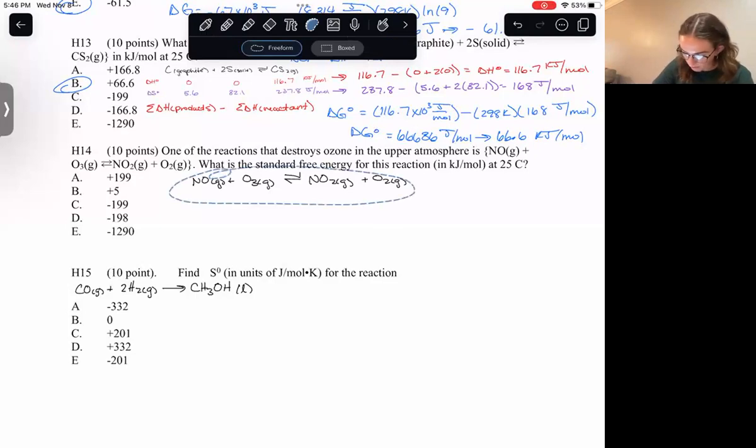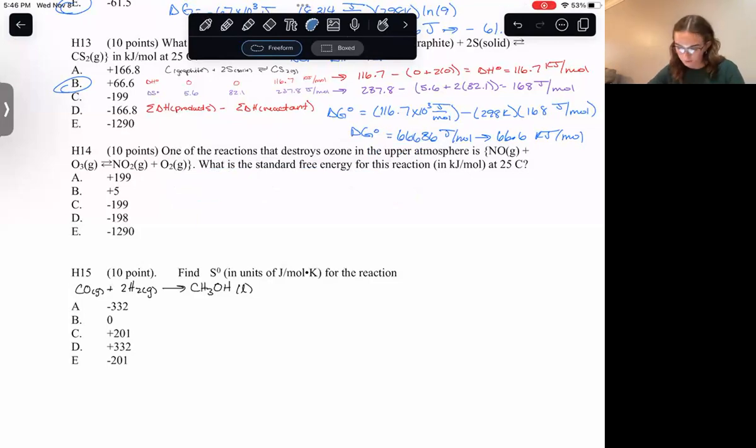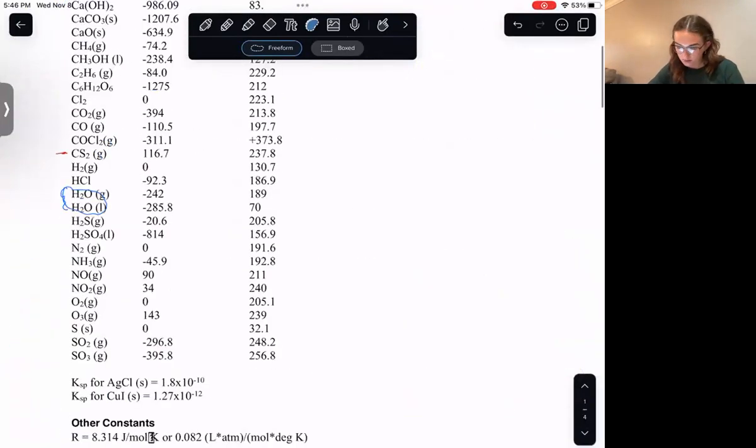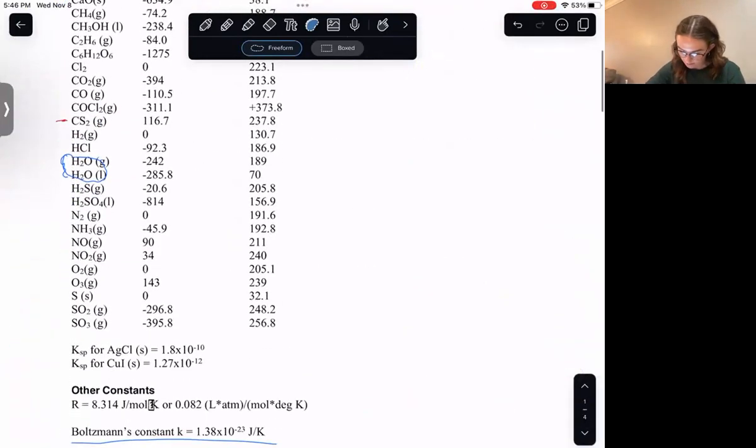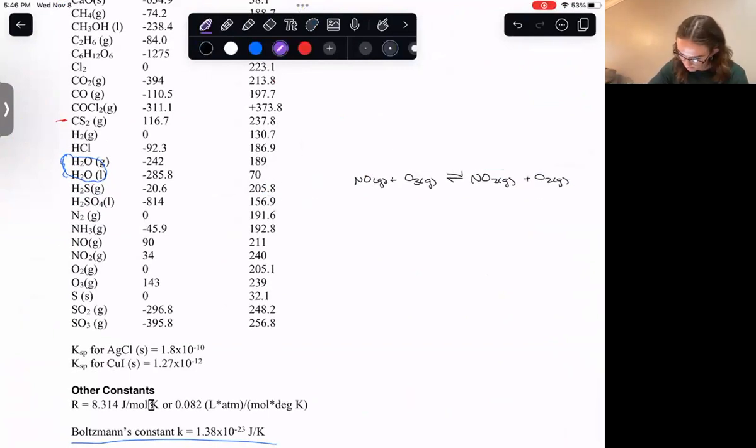So again, same thing. We need our delta H and delta S for both of these. We have delta H: NO gas is 90, O3 is 143, NO2 is 34, and O2 is 0.